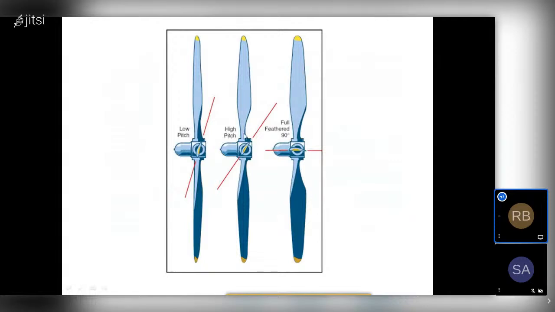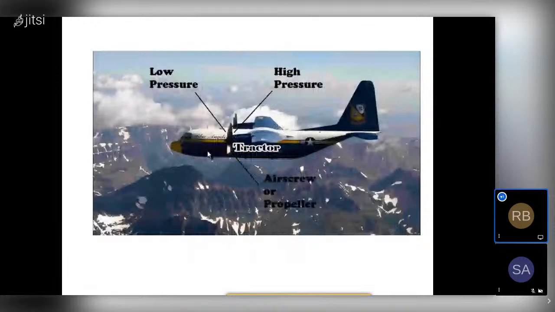Okay, low pitch, high pitch, and full feathered at 90 degrees. Based on these parameters you'll be getting the design changes in the OpenVSP software. As I told you about the low pressure and high pressure, these are the principles based on these propellers, the configurations of the propeller and the change in the propeller parameters.